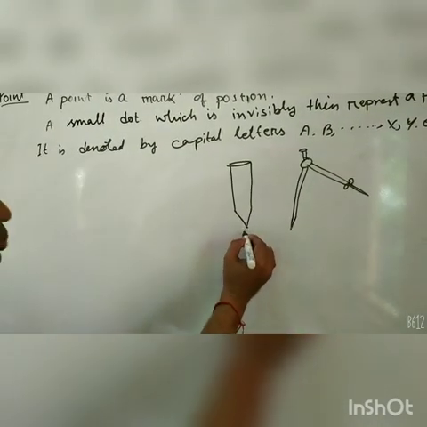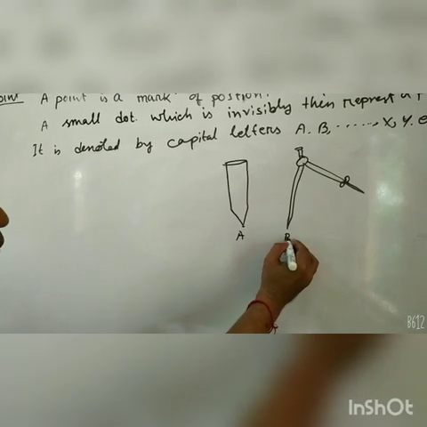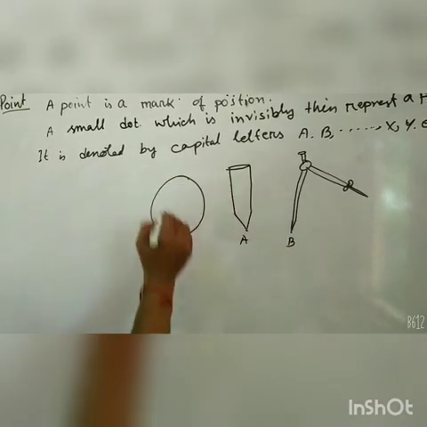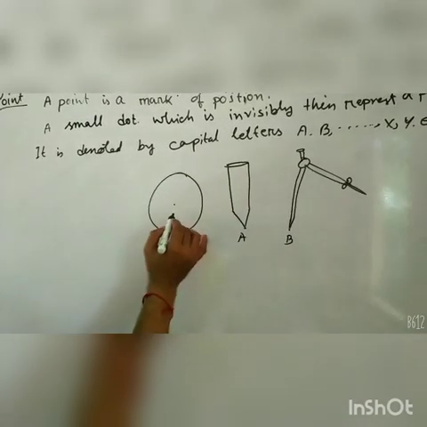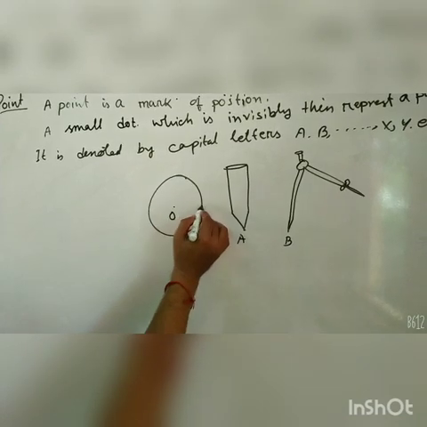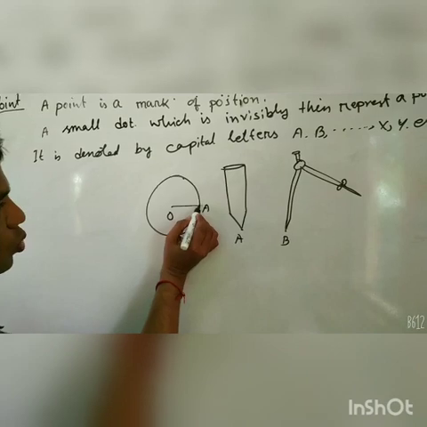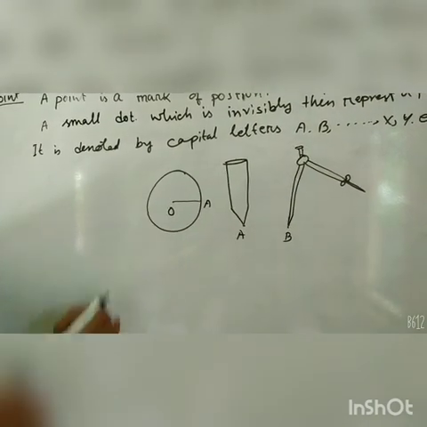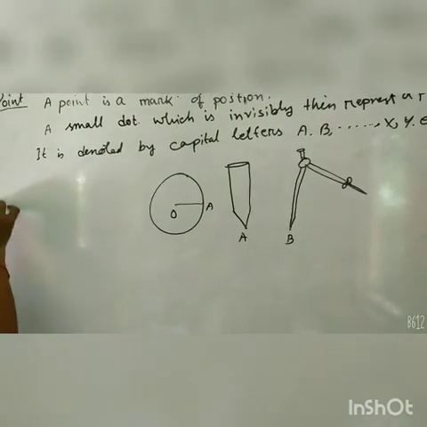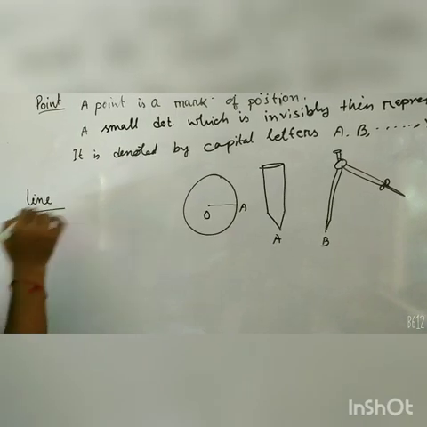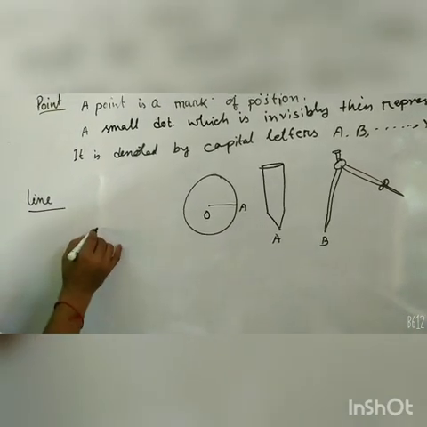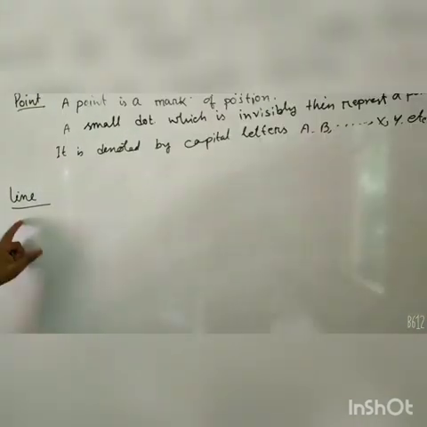So you can write here, suppose, A, B, or suppose this is one dot. We can write O here, and here this is A. If we join two points, it will be a line. Then we will write line. What is a line?